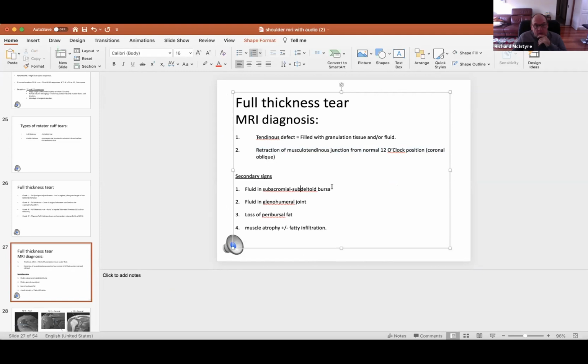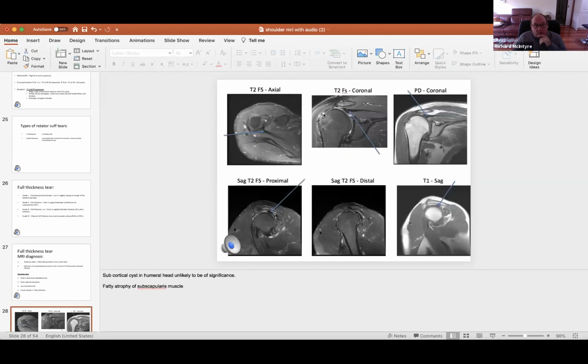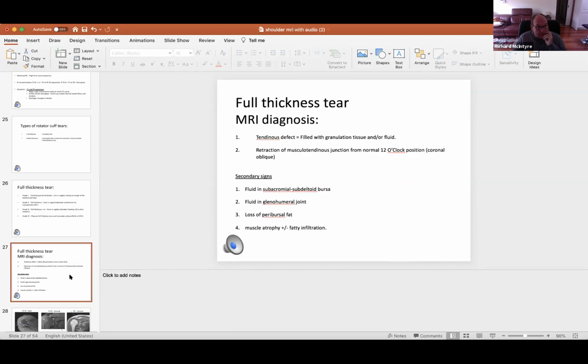You also see fluid in the subacromial, subdeltoid bursa. That's what we saw earlier on, that bursa fluid that looks similar to that image where the bursa was hyperintense. Fluid in the glenohumeral joint. Loss of peribursal fat.